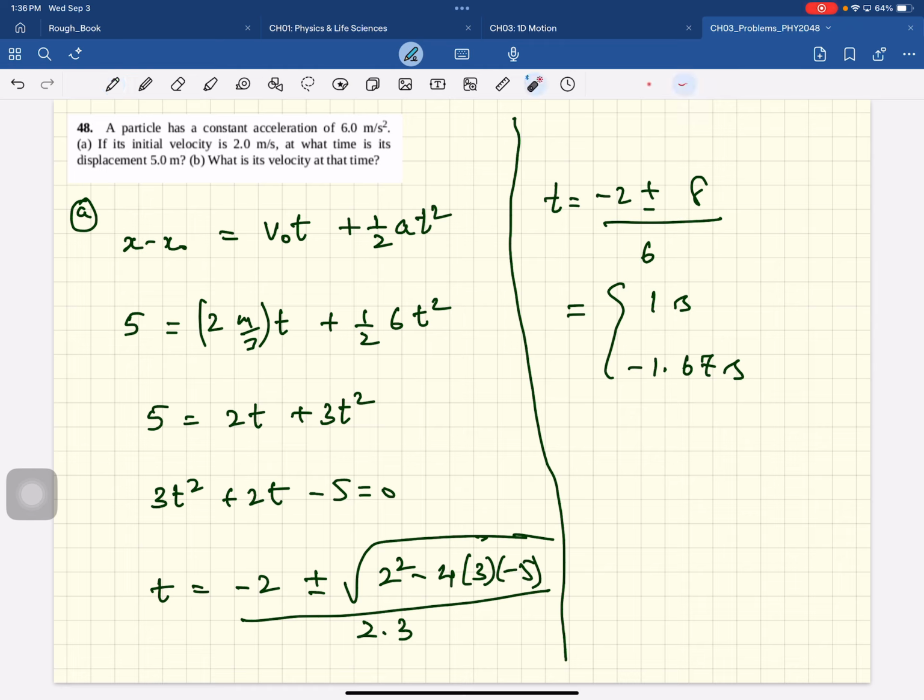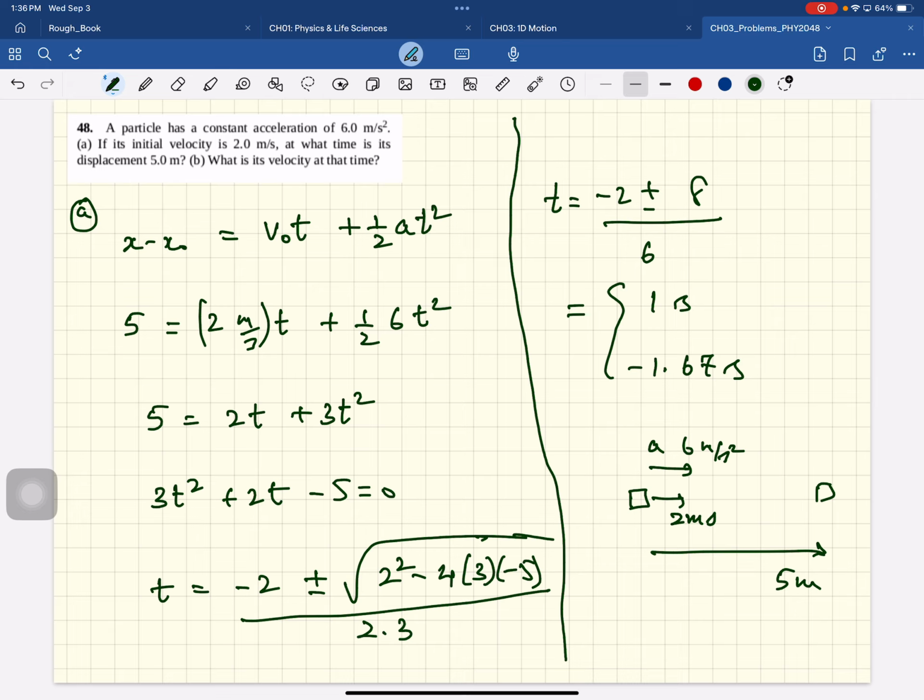All right, so the initial velocity was 2 meters per second. After 1 second, with that acceleration, it'll reach 5 meters. It'll be 5 meters away.